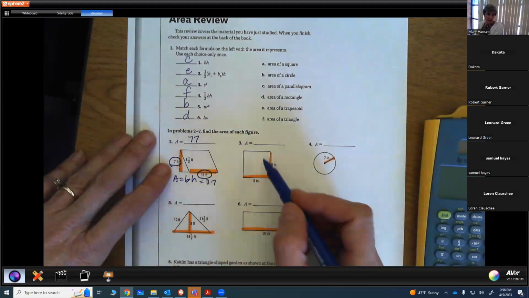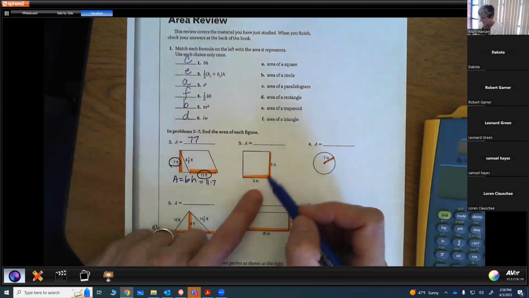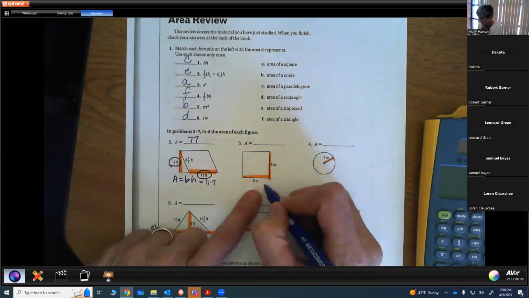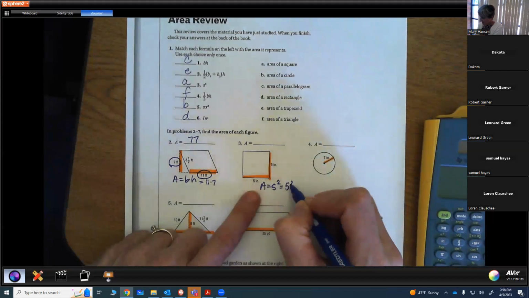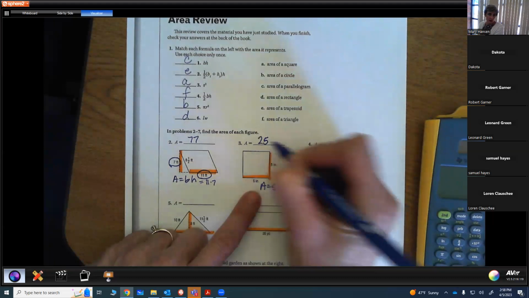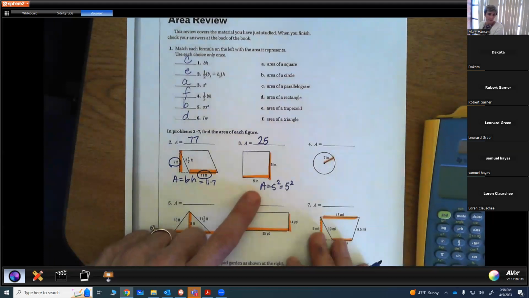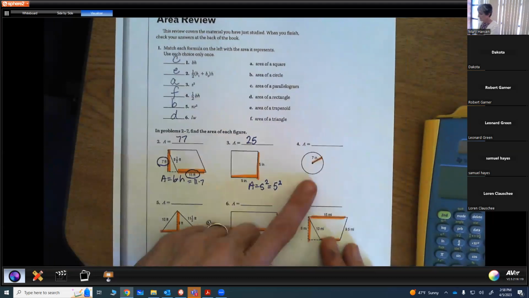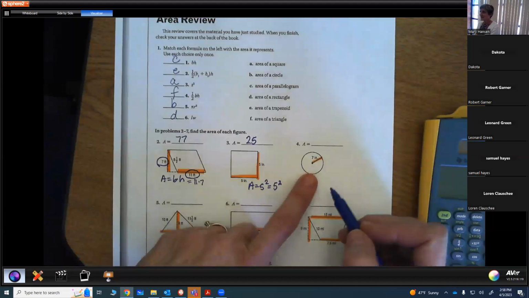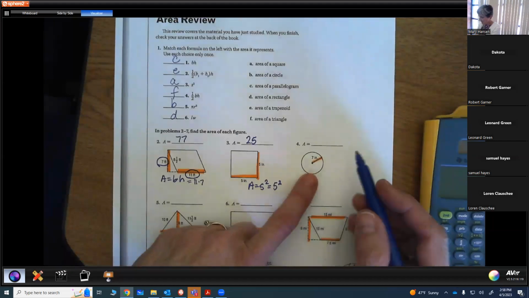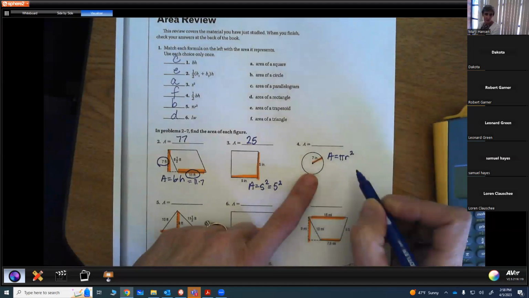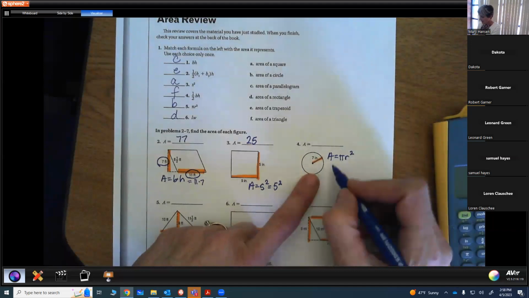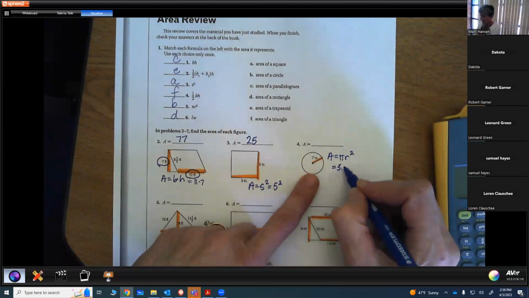Number 3 is a square. And so the area is s squared or 5 squared, and so you'd get 25 for the square. This is the same darn circle we keep seeing on the previous page, actually. Area is pi r squared, and for the third time, we have the radius as 7.